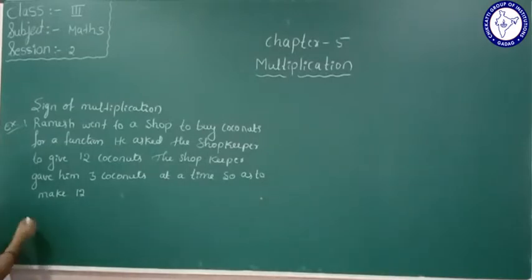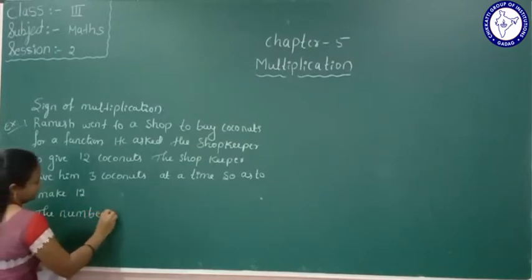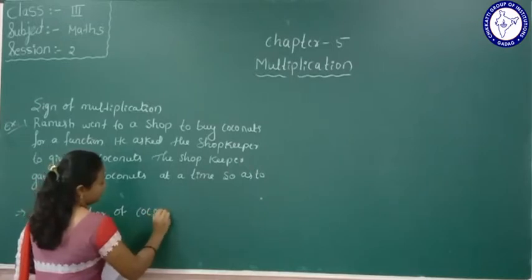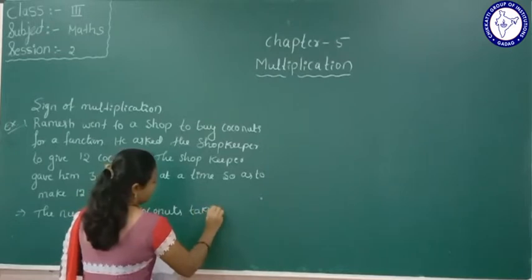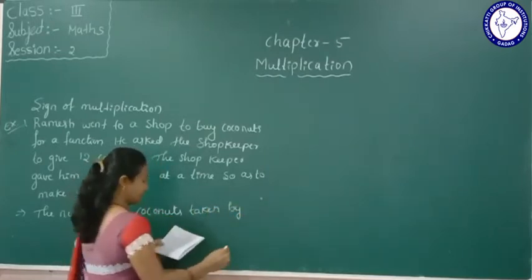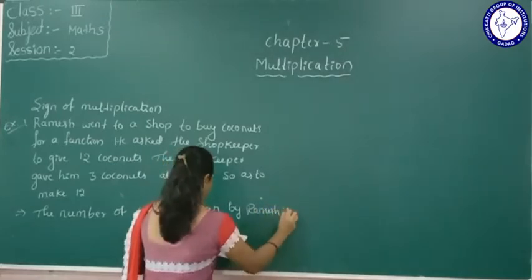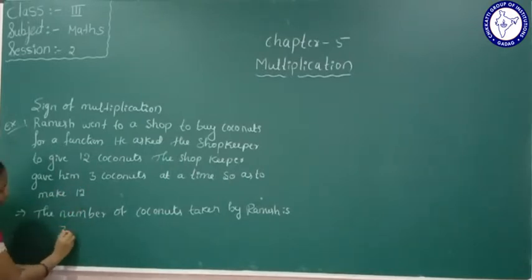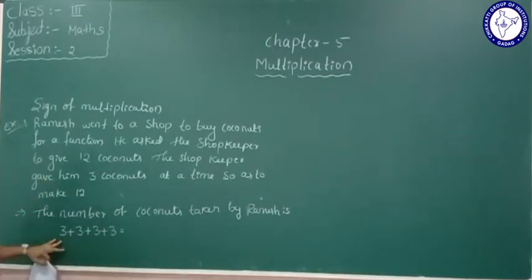See here, the number of coconuts taken by Ramesh is 3 coconuts in one time, 4 times he took. 3 plus 3 plus 3 plus 3. So how many times did he take? 4 times he took 3 coconuts at a time.